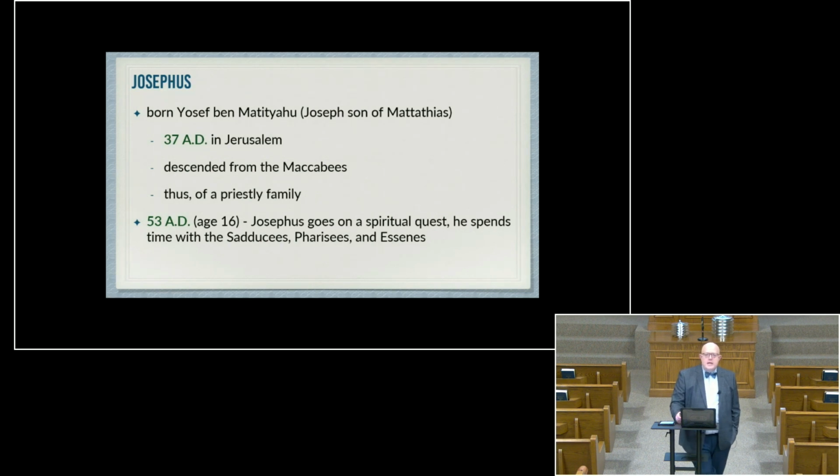He spends time with the Sadducees, the Pharisees, and the Essenes. All right, those are the three groups that are not necessarily political as such, but they're Jewish groups of the period. The fourth group would be the Zealots. He doesn't spend time with them. In 56 AD, at the age of 19, Joseph then decides to cast his lot with the Pharisees. That's who he's going to join up with.